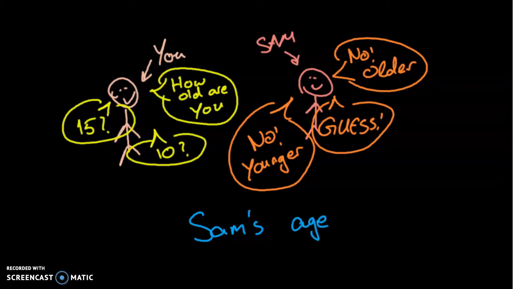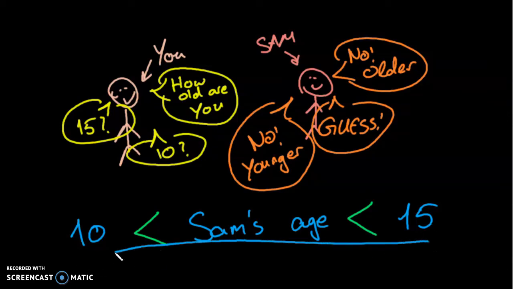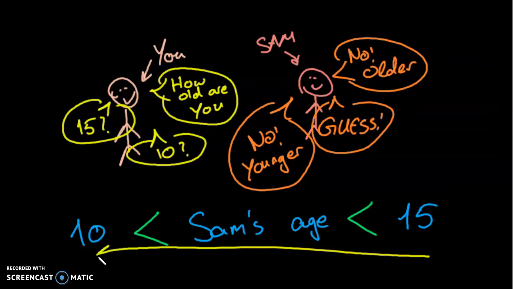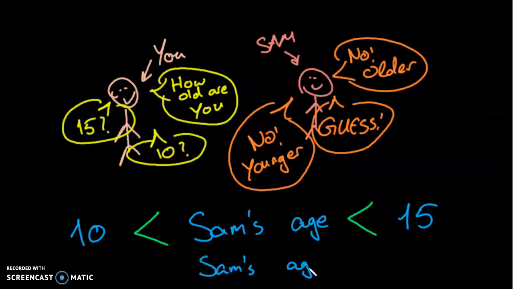So what do you know about Sam's age? You know that Sam's age is between 10 and 15. It's greater than 10 and less than 15. If you read it from right to left, you get that Sam's age is greater than 15 but less than 10. You get the same thing, but you see the signs are changed.